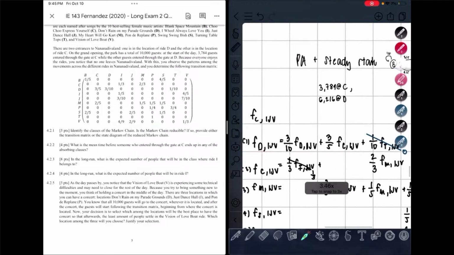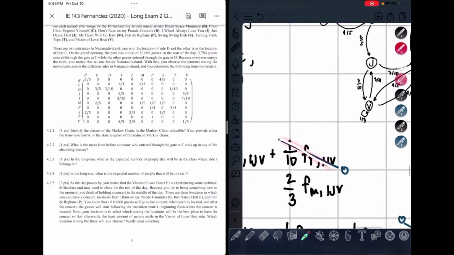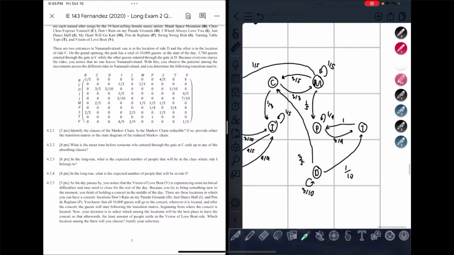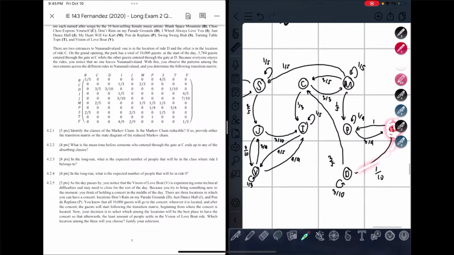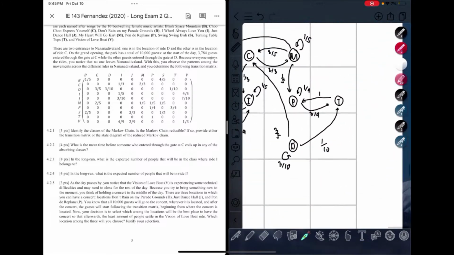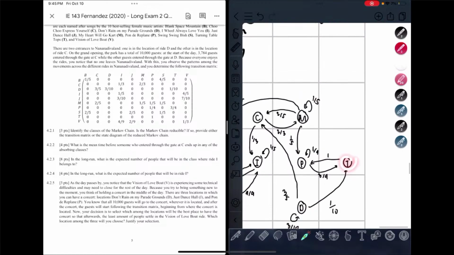This is the expression for that. The only notable thing here is that FT to IJV is 0, right? Because 1/10 here, T. Can't get to I from T, IJV from T, kasi this is a recurrent class.